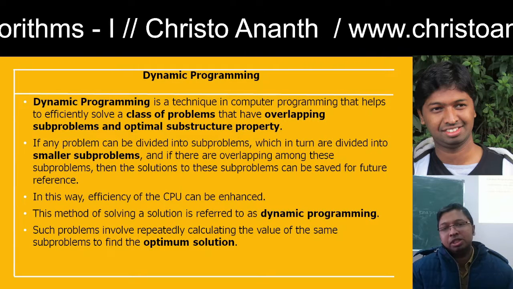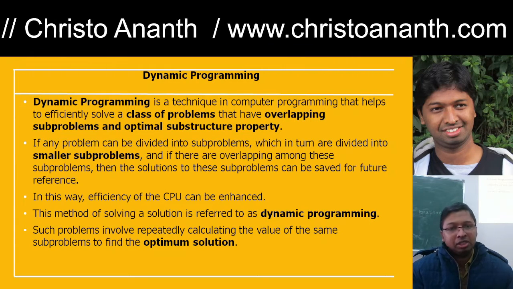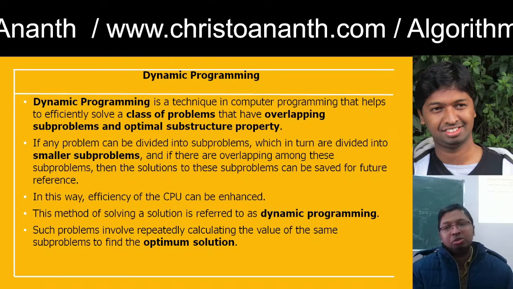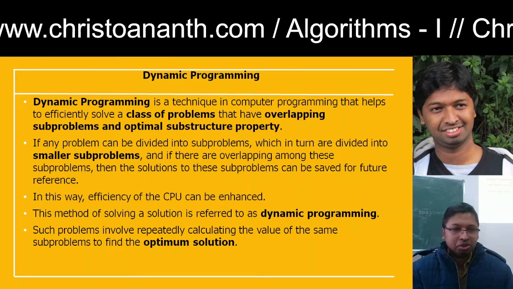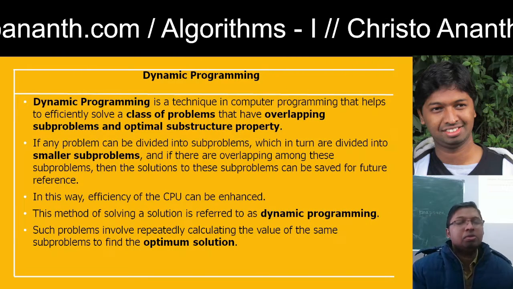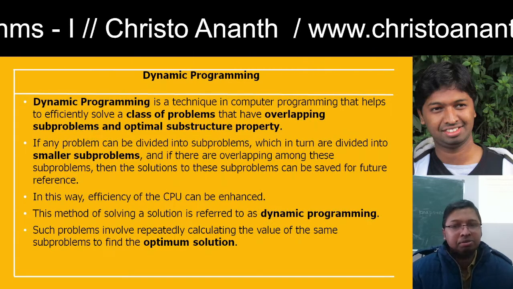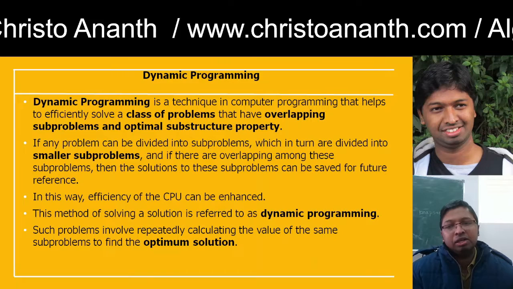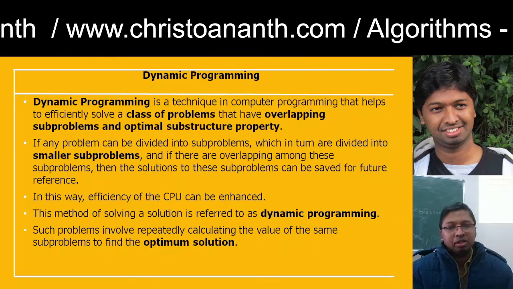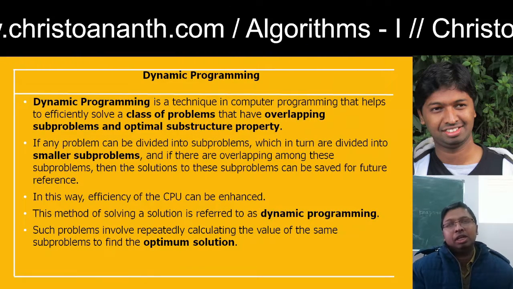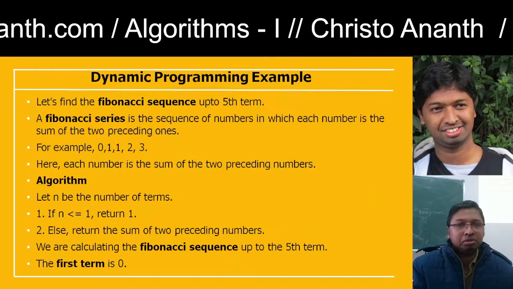If they have overlapping subproblems, then the solution can be reused in the future, through which the efficiency of the CPU can be enhanced. This is what you call dynamic programming. Each of these will have an optimum solution related to it.